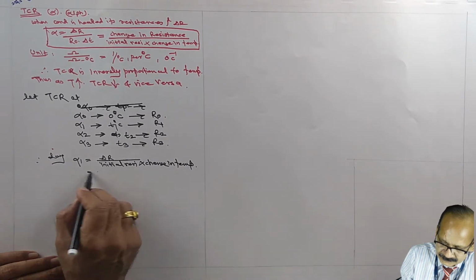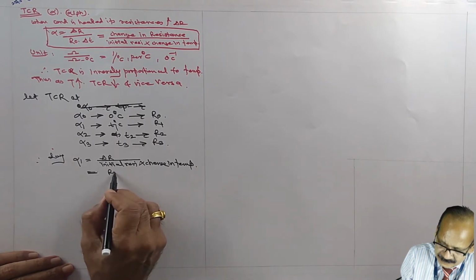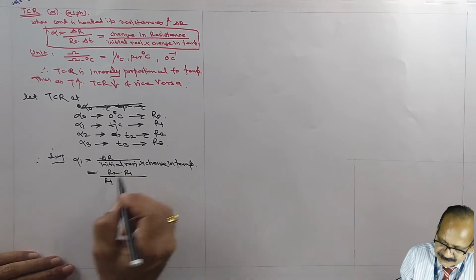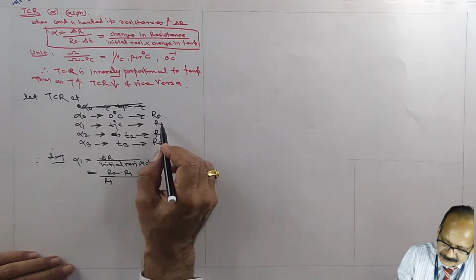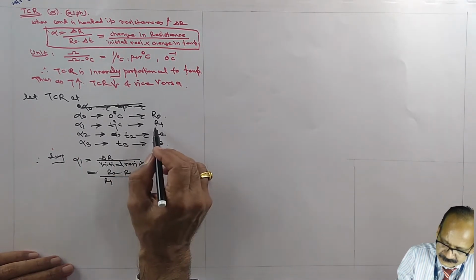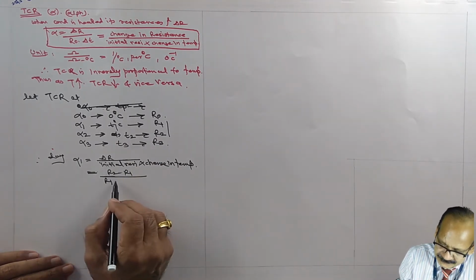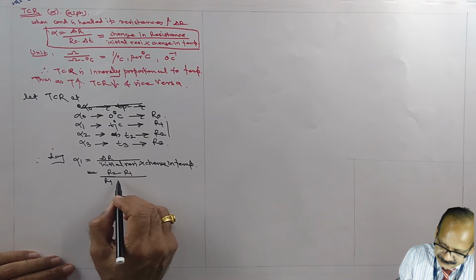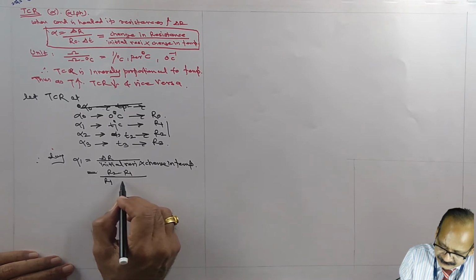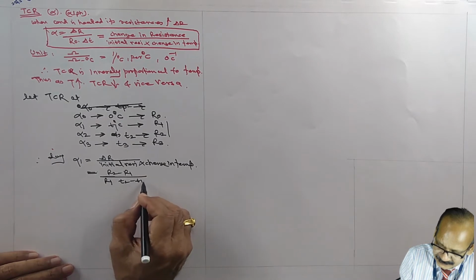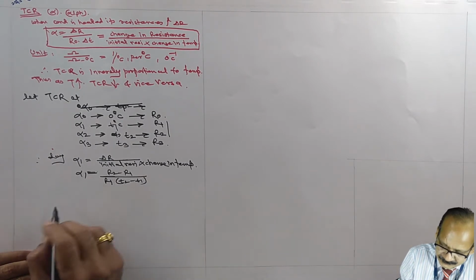This is equal to R2 minus R1 upon initial resistance R1 times change in temperature, T2 minus T1. So this is alpha 1.